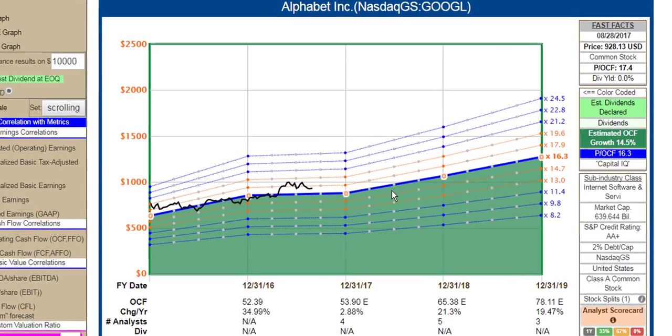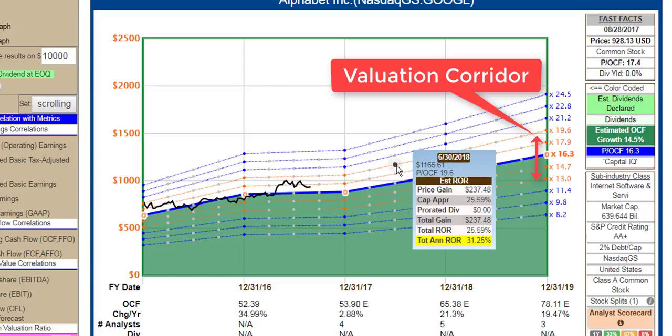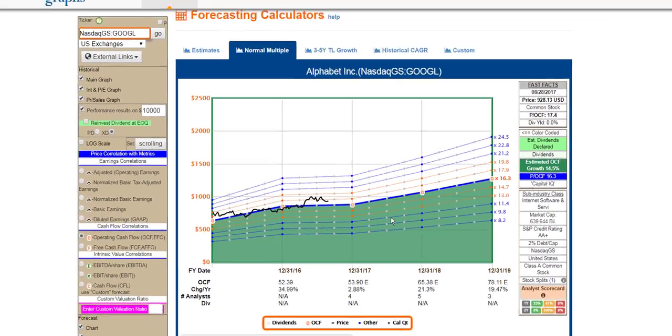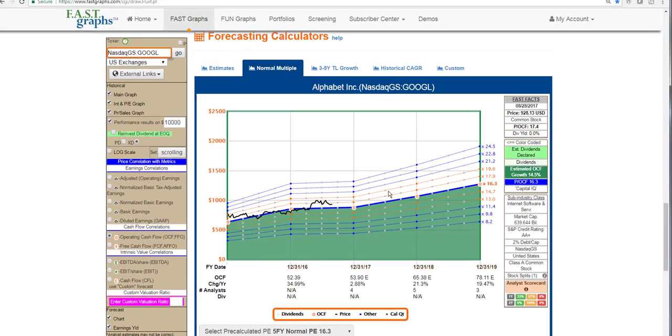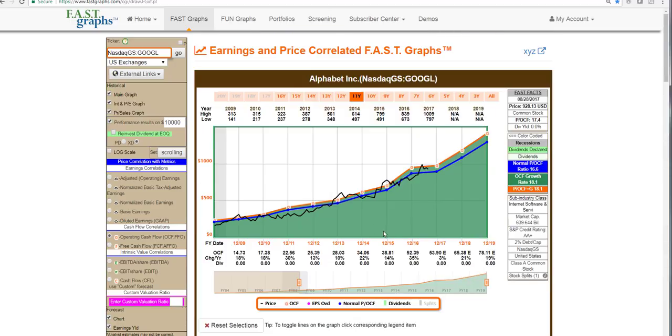And I've got my valuation corridor here, which is these 4 orange lines, the 2 orange lines below and the 2 orange lines above my normal priced operating cash flow. So anywhere in here I would consider a reasonable fair valuation, considering the fact that these numbers are probably going to be wrong.